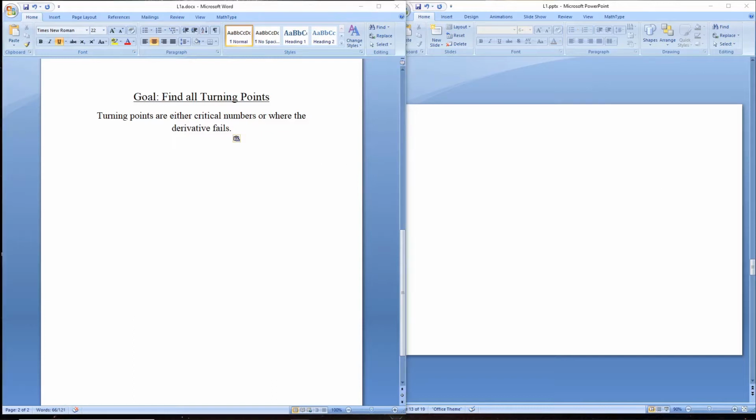So that means the first thing we're going to do is solve for these critical numbers. Now I'm going to present this in a way that makes sense, and then I'm actually going to change the ordering. So I'm just going to keep going here for a moment. So the first thing we're going to do is solve for critical numbers.